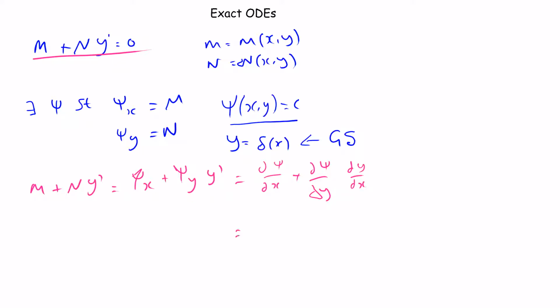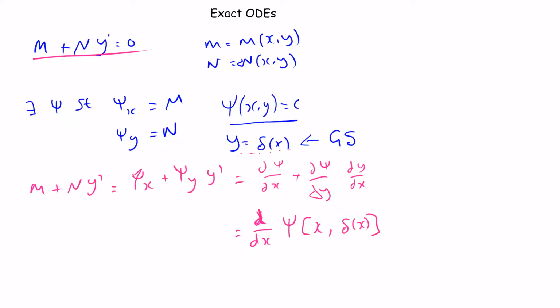This is equal to the derivative with respect to x of psi, where psi is a function of x and phi of x. So we have substituted y for phi of x, put that into here.